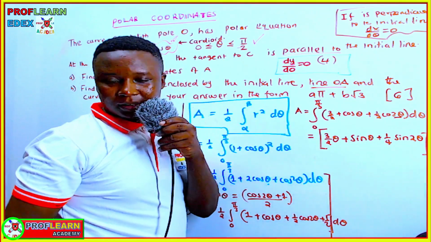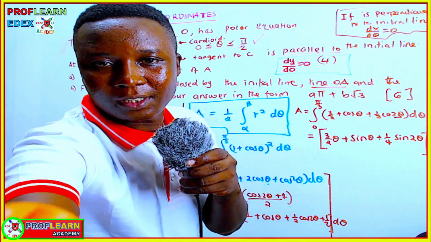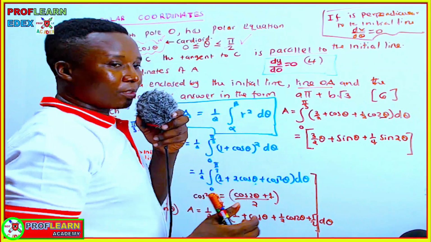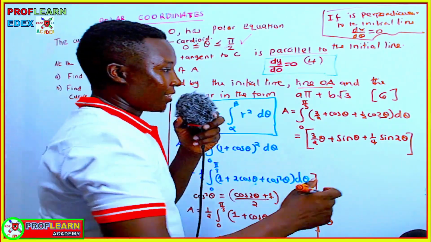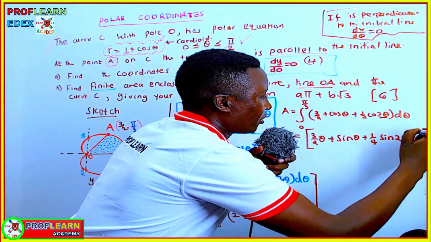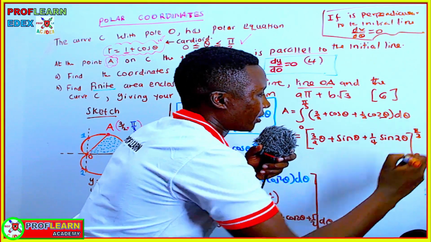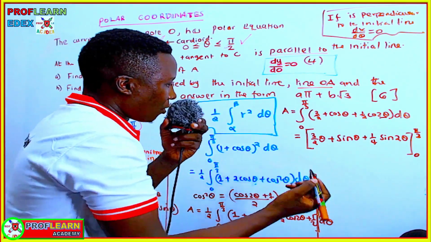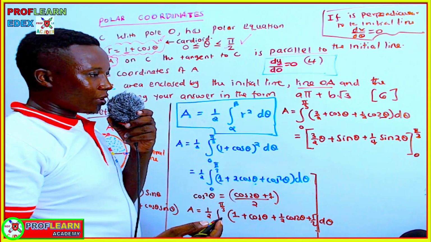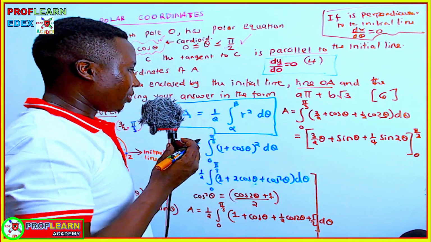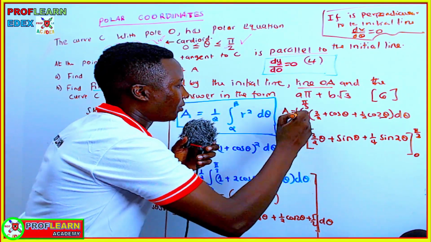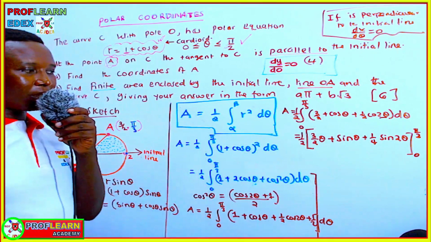And the limits of integration. Let me just try to adjust this a little bit. The limit of integration in this case is going to be from 0 to pi over 3. So the business we have here is to substitute the values that we have. And remember, we are having a half here and we are having a half at that given point.